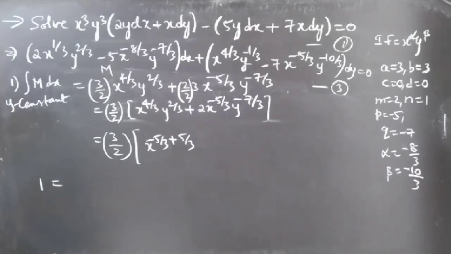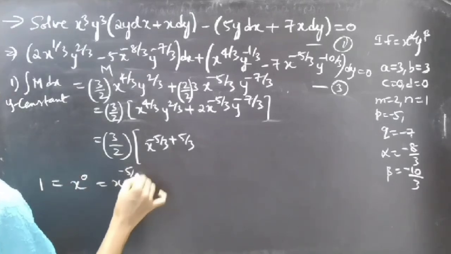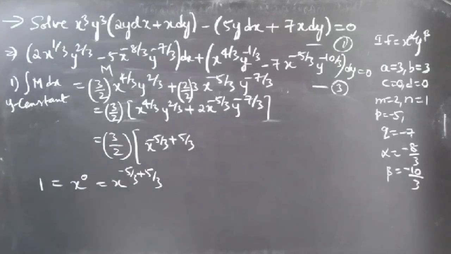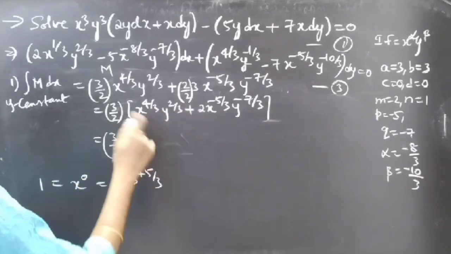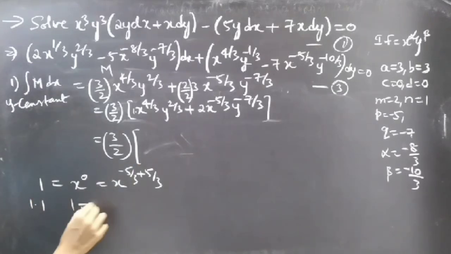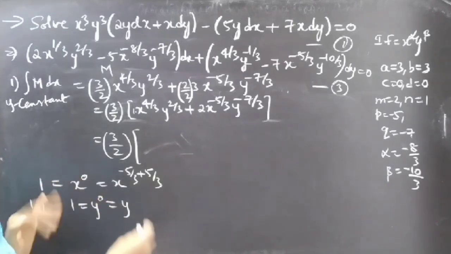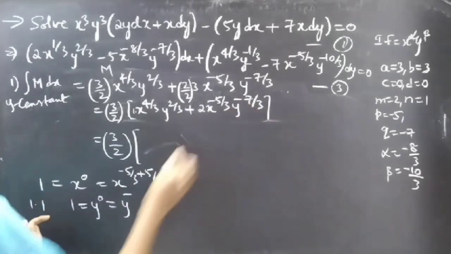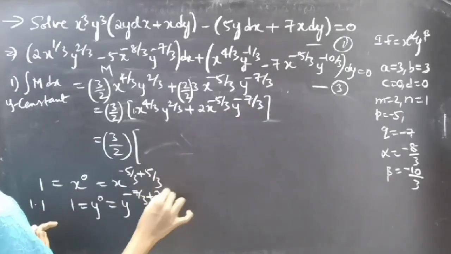See, suppose we have 1, it can be written as x to the power 0, right? So you can just replace this 0 by minus 5 by 3 plus 5 by 3. Assume that you have 1 here, and you can replace this 1 by 1 into 1, replace 1 by x power minus 5 by 3 plus 5 by 3, and another 1 by y power 0, and you can write this 0 as minus 7 by 3 plus 7 by 3.